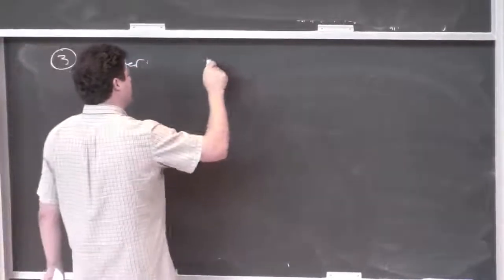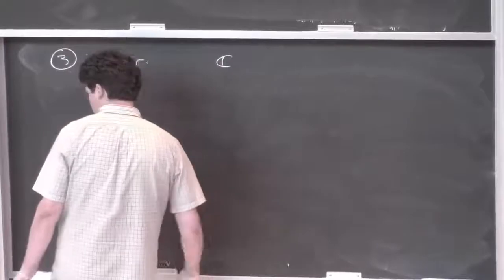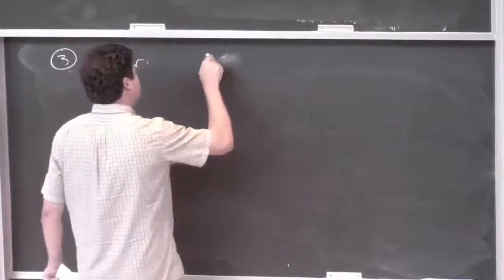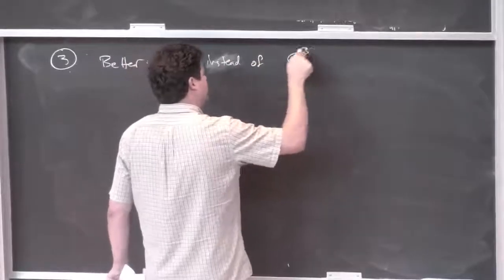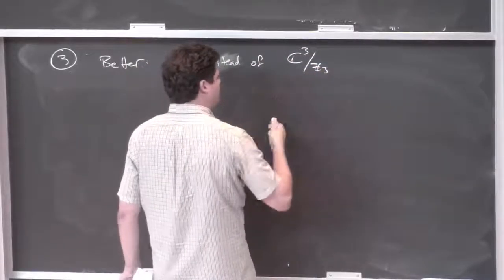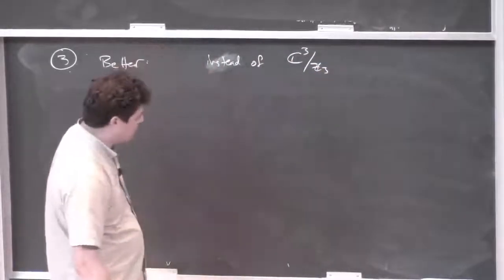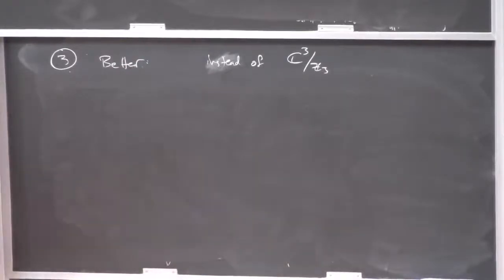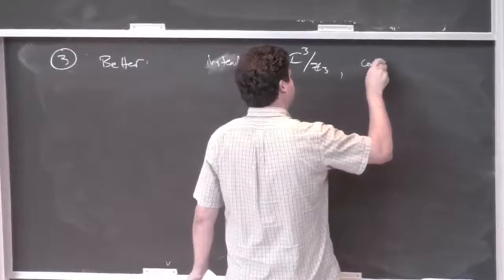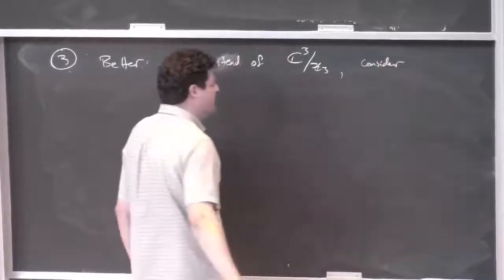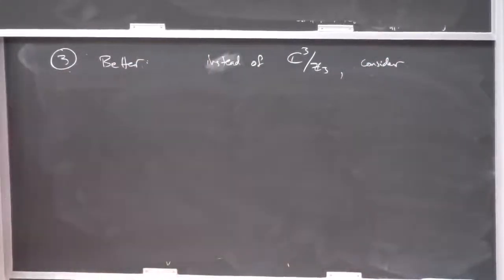Let's take, well, instead of C3 mod Z3 and then all the other window dressing, let's consider, because it's hard to say what a C star action on that thing really means, because essentially we've chosen the wrong affine chart for that scheme.